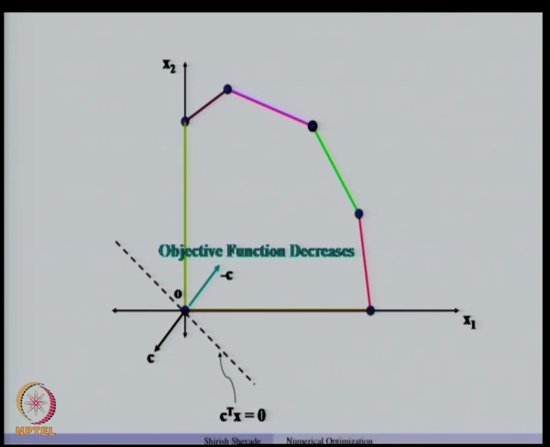Now, there may be situations where the minimum may not exist. Such problems are called unbounded problems, and we will not worry about those cases at this point of time. Let us assume that the minimum does exist, and let us see how to find it.